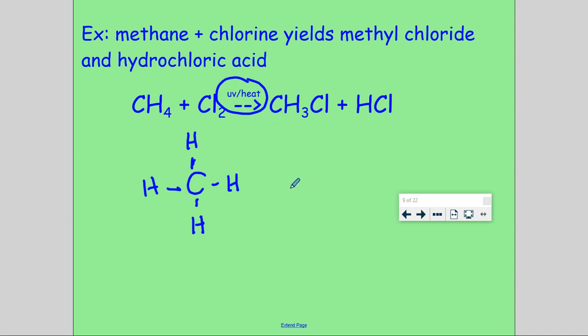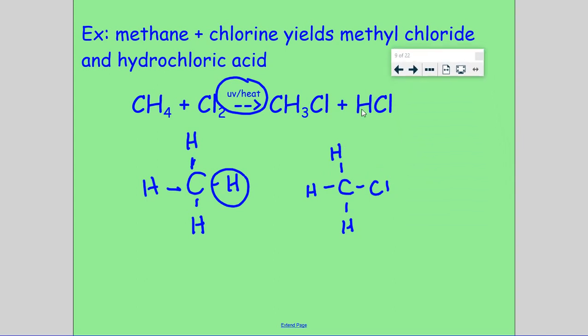And what's happening is a chlorine atom is going to bump out one of these hydrogens to create a halogenated version of this methane. Right? And then here is your byproduct from that removed hydrogen combining with the other chlorine atom.